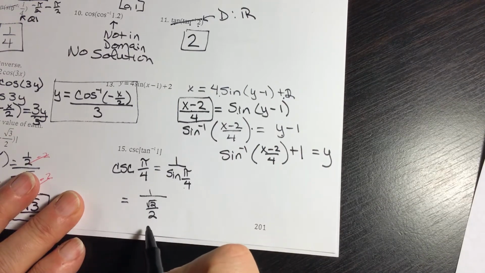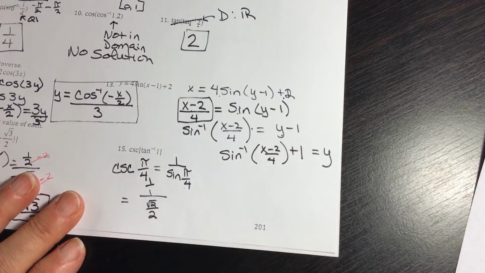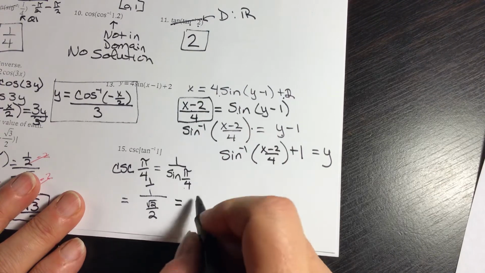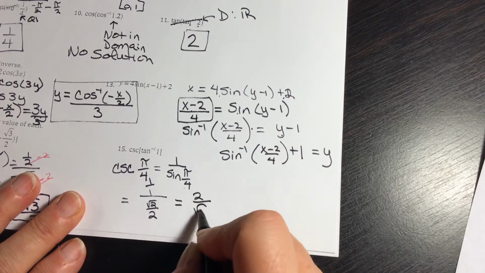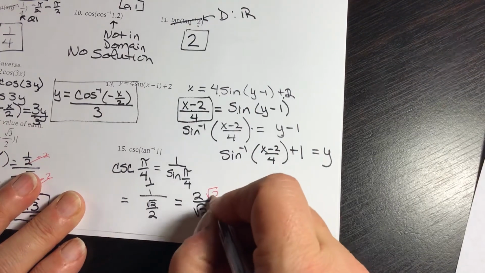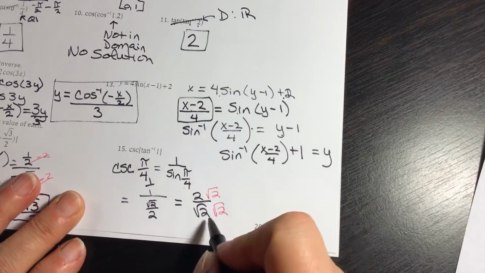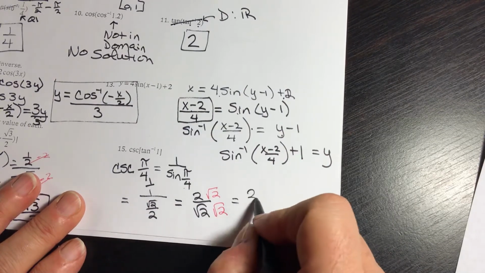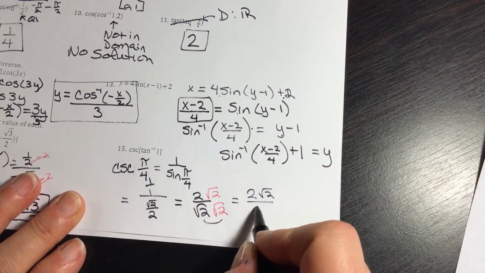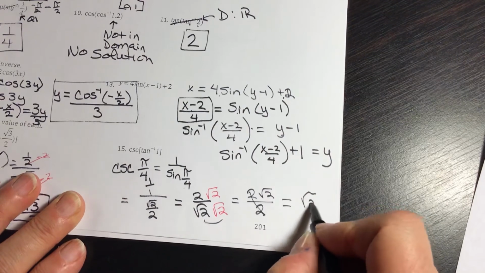When I multiply by the reciprocal, this is like saying 1 over 1 times the reciprocal, so this is going to be 2 over square root of 2. Now I need to rationalize the denominator. So I'm going to multiply top and bottom by square root of 2. This gives me 2 square root of 2 on top, and on the bottom I get 2, and these cancel. So that's just square root of 2.